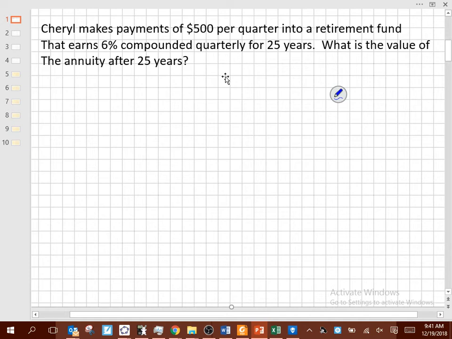But this is different than our compound continuously and compound quarterly or monthly, because with those you start with a principal, and that's the only investment that you make. So you put $10,000 in, and then you're hands off, and you don't touch it again. You don't add to it. You don't remove from it. Does that make sense?